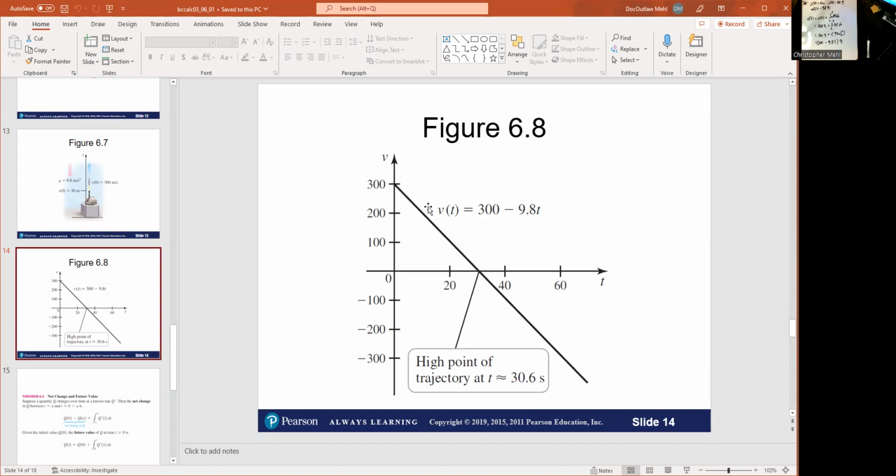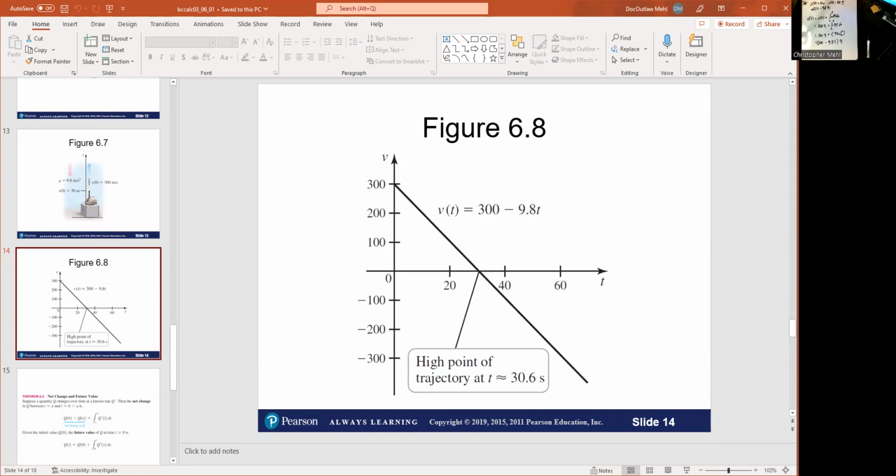Okay, so here's my velocity function. Now, since I know the velocity function, v of t, I could apply the previous theorem. I could integrate the velocity function.